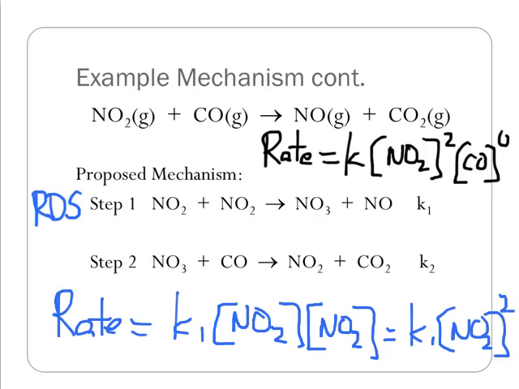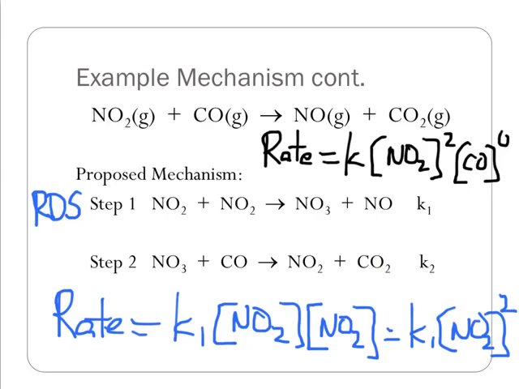So I get to write down the rate law only for mechanisms, only for elementary steps, directly from the stoichiometry, also known as the molecularity, within the elementary step. Why? Because these elementary steps are what we literally believe is happening during the course of the reaction.